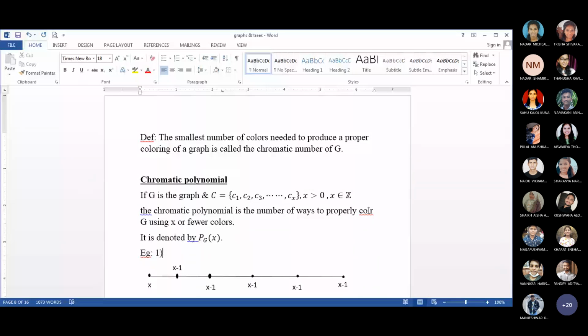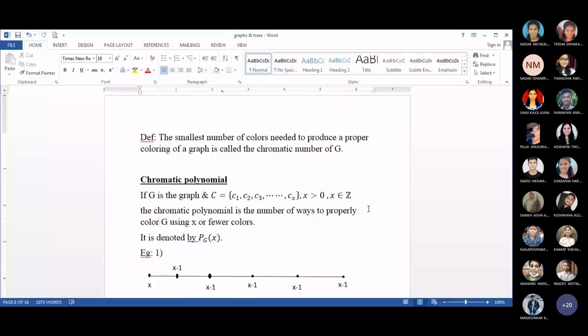Chromatic polynomial says if we have a graph G and we have a set of X colors, then the chromatic polynomial is the number of ways to properly color G using X or fewer colors.